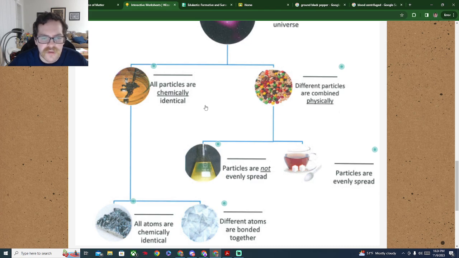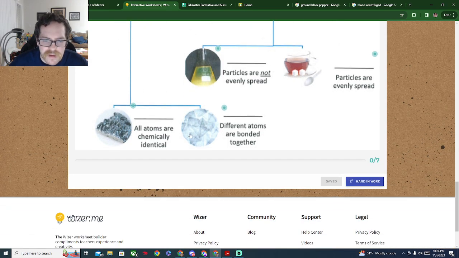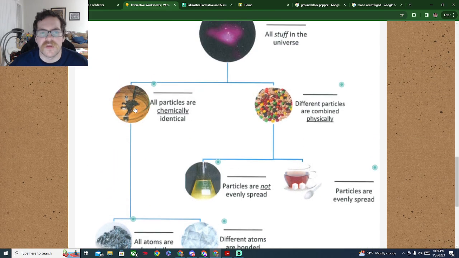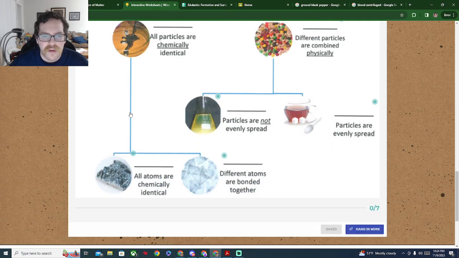Pure substances are substances that are all chemically identical, whereas a mixture is different chemicals combined. A pure substance is not just an element. An element is a type of pure substance, but so is a compound.